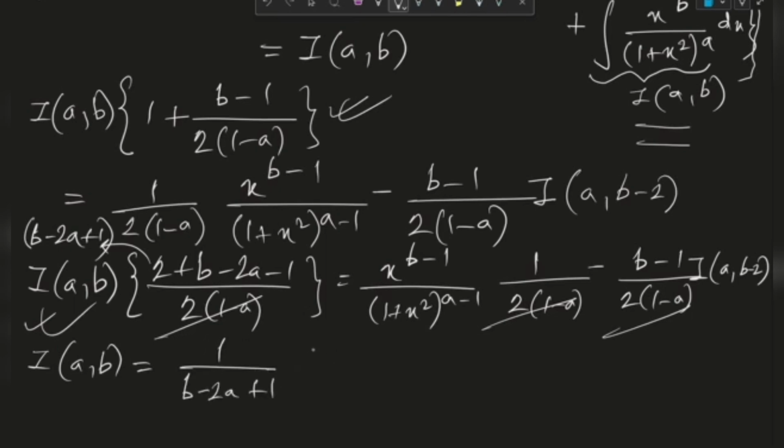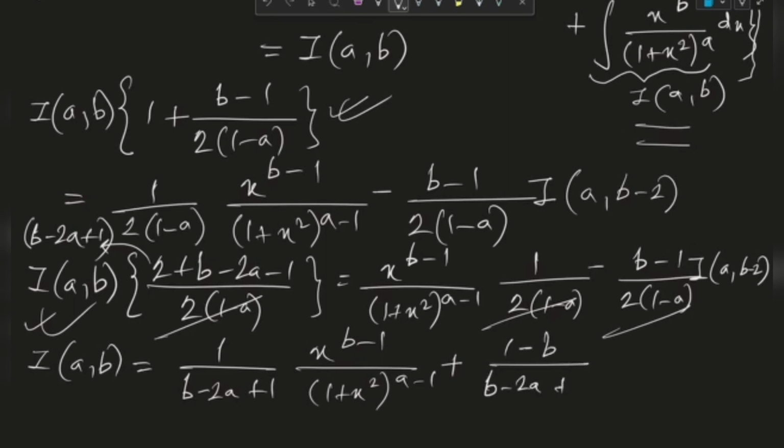into x to the power b minus 1 by (1 plus x squared) to the power a minus 1, and this is plus, I wrote plus because I will change this to 1 minus b, and this has become (b minus 2a plus 1), I of a comma b minus 2.